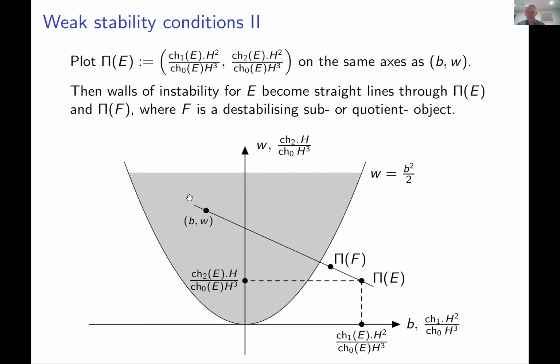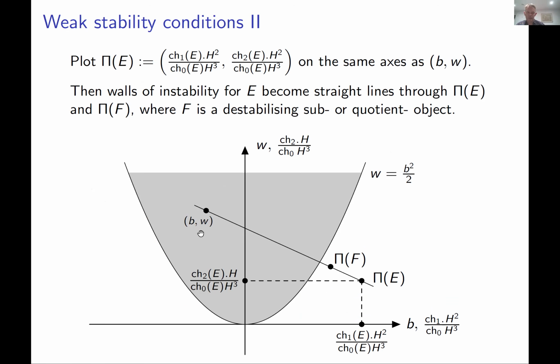Okay, so if you plot these quantities in this way, that determines that the slope of E is given by the slope of the straight line joining B and W to pi of E. Okay, and so what you find is for most B and W, there'll be a wall and chamber structure.